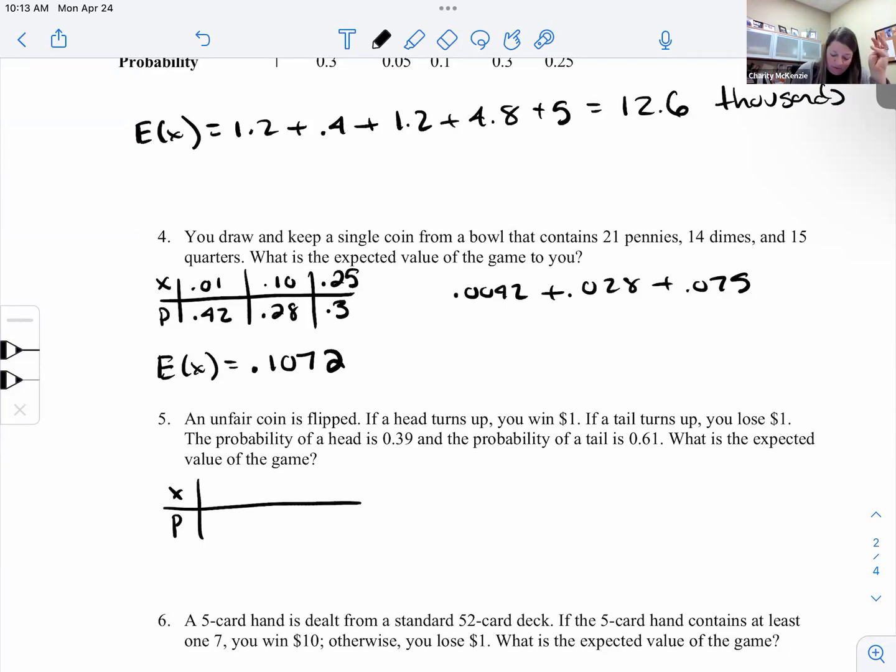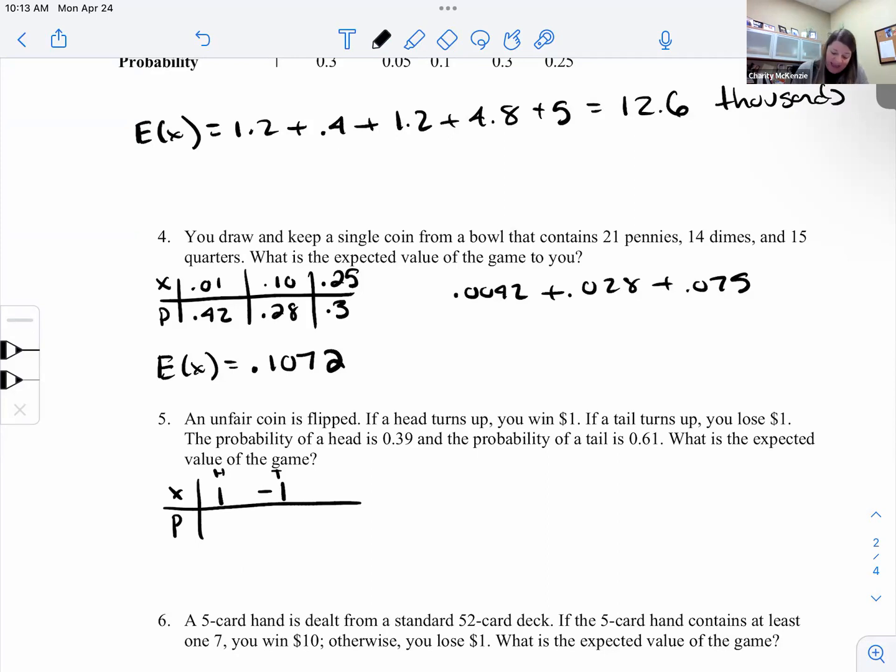So if you flip a heads, you win. The heads needs to be up here, right? What do you win if you get a heads? You win $1. If it's a tail, you lose $1, so you have to write that as negative.